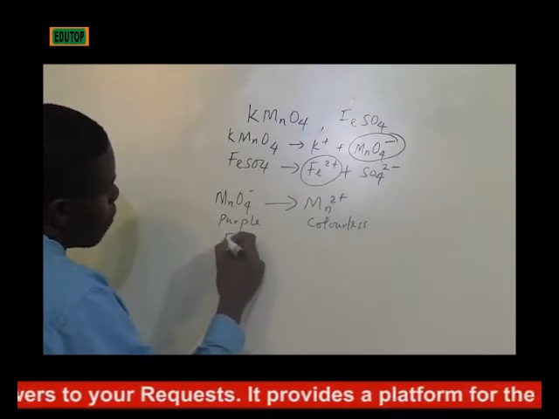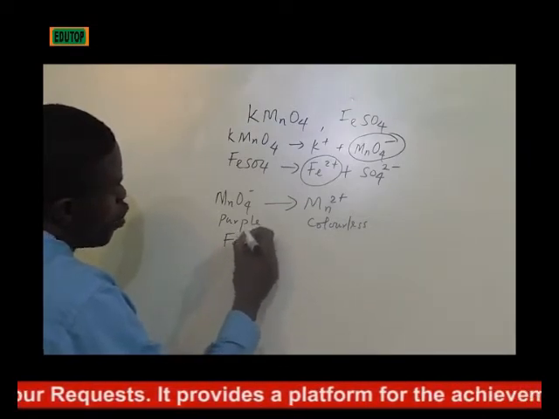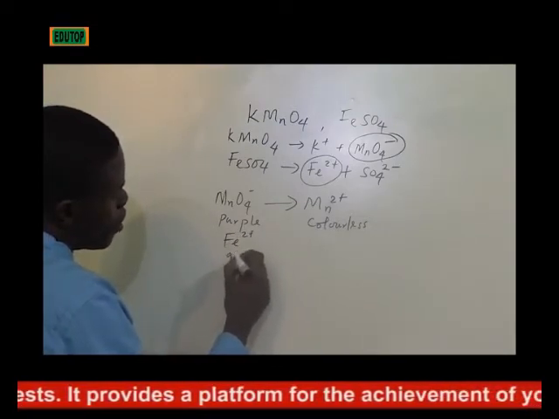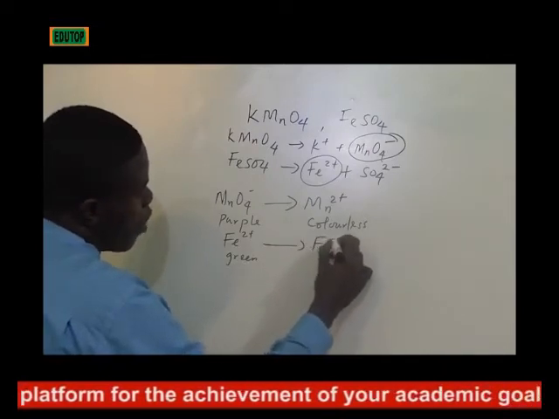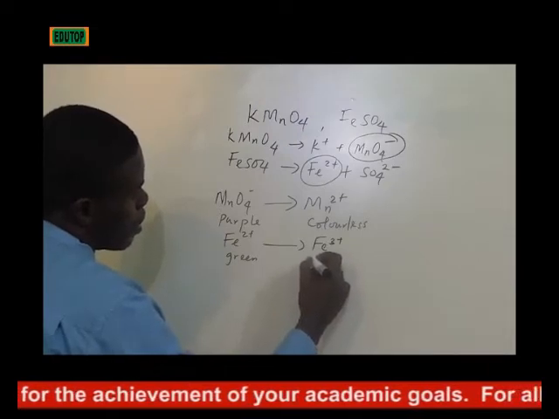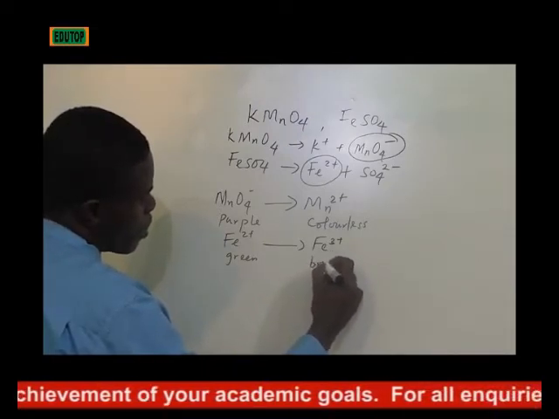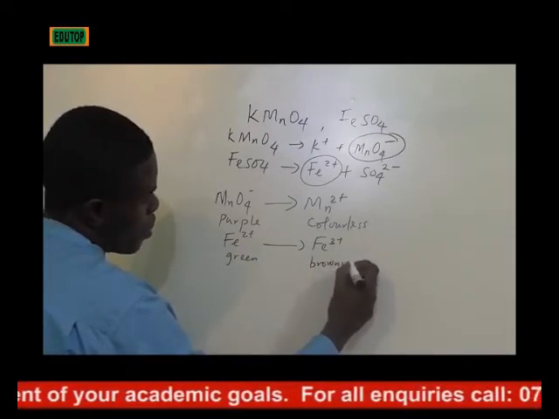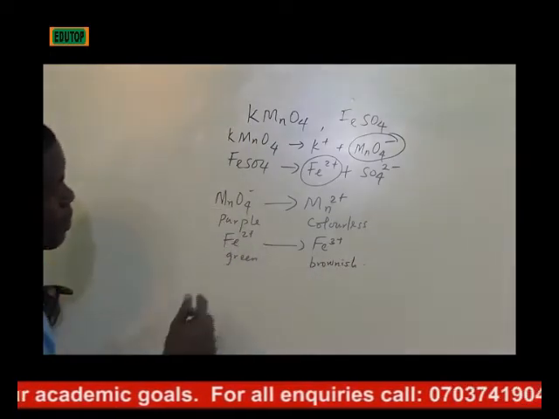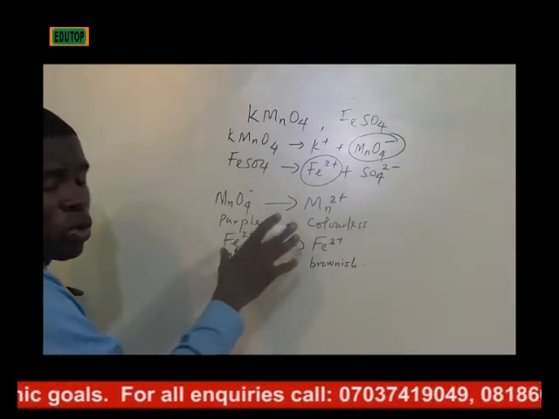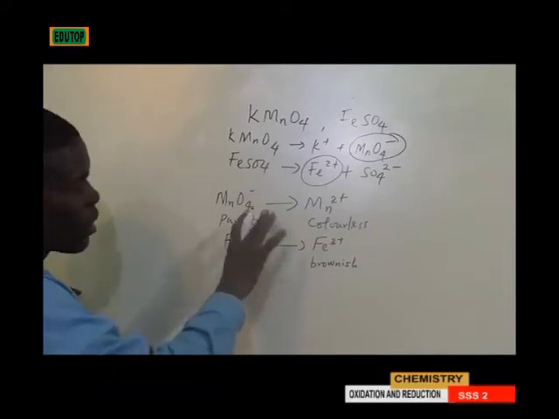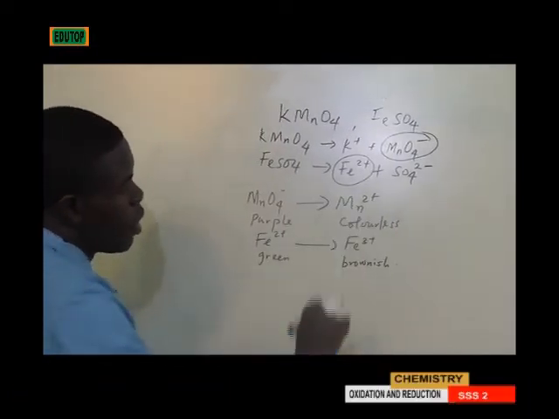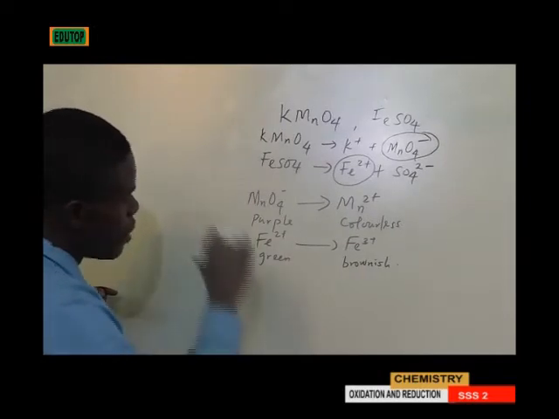In the case of iron 2 plus, the color is green and the color of the iron 3 plus is brownish. Now, to demonstrate the redox reaction for these two equations is this.